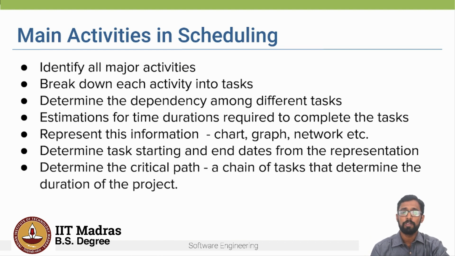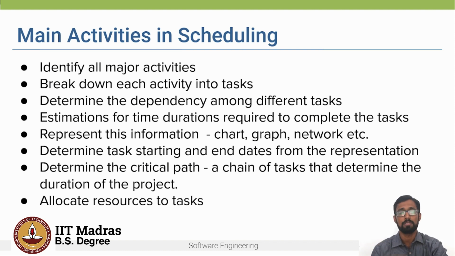And then we determine the critical path. A critical path is a chain of tasks that determine the duration of the project. So we'll be looking at what a critical path is. And finally, we allocate resources, people or equipment or other things to these particular tasks.